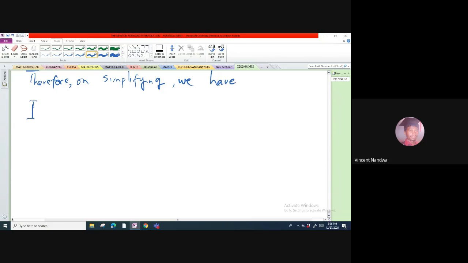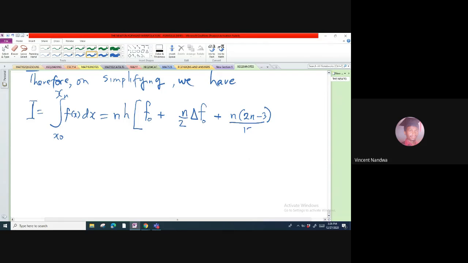I, which is the same as the integral from x naught to xn of f of x dx, is given by nh times f naught plus n over 2 plus n into 2n minus 3 plus n into n minus 2 squared over 24.